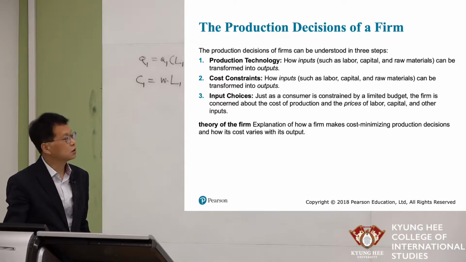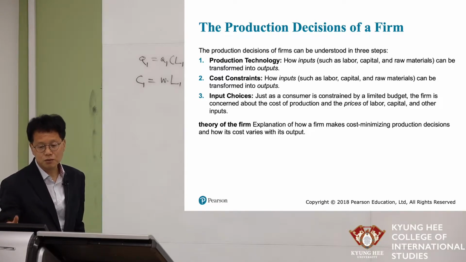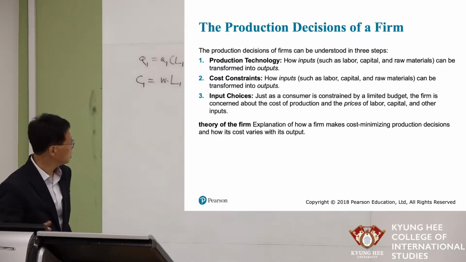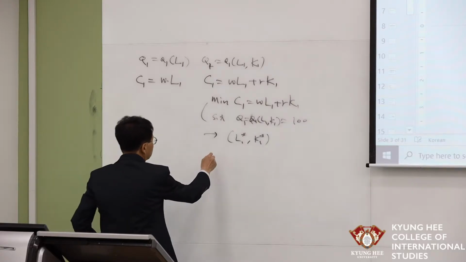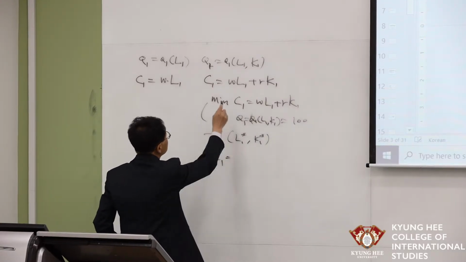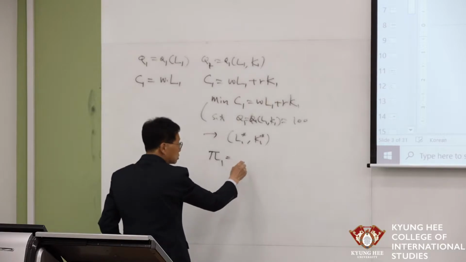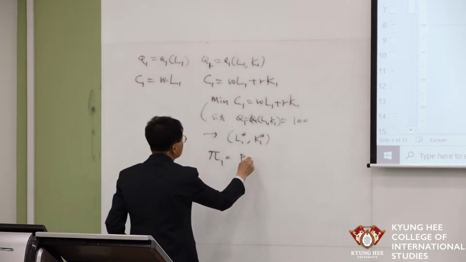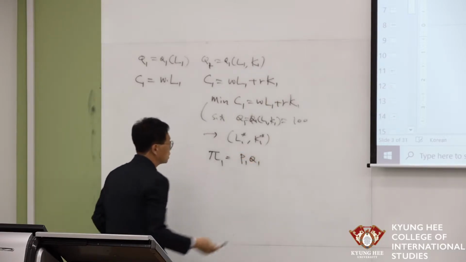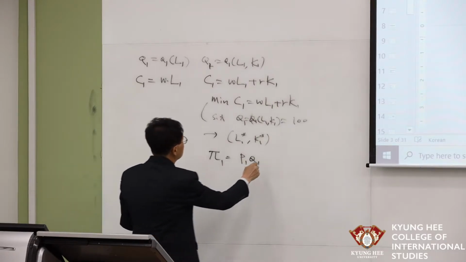Also, students have already studied profit maximization. We studied profit maximization in chapter 8, right? So, what is profit? Profit is total revenue, when the market is perfectly competitive, P multiplied by Q, minus cost.